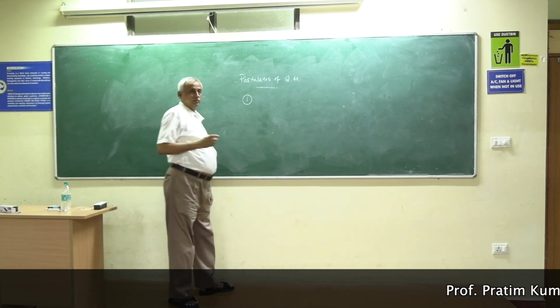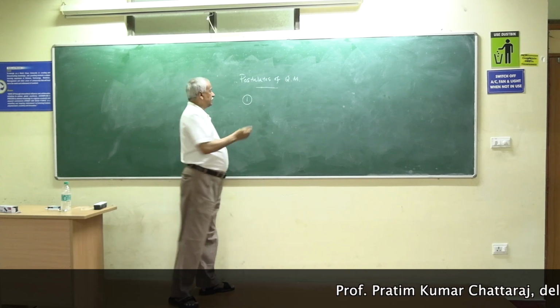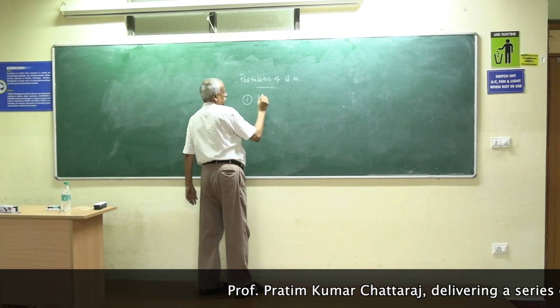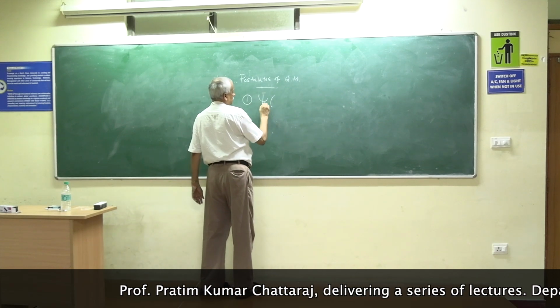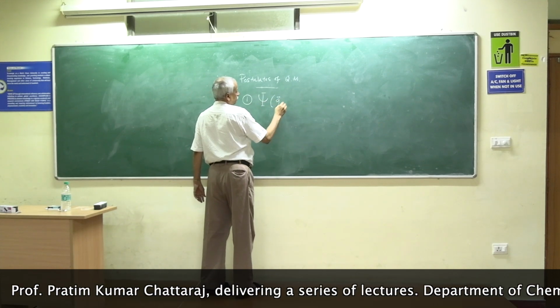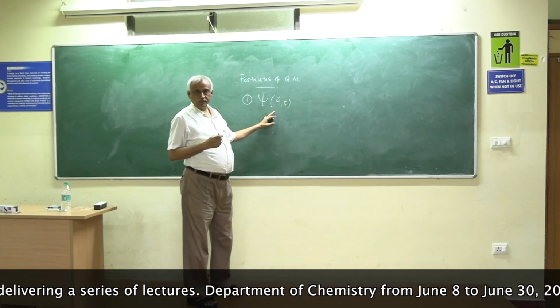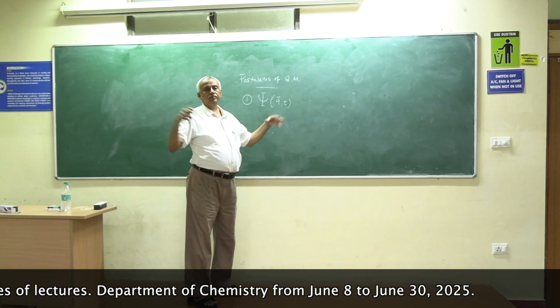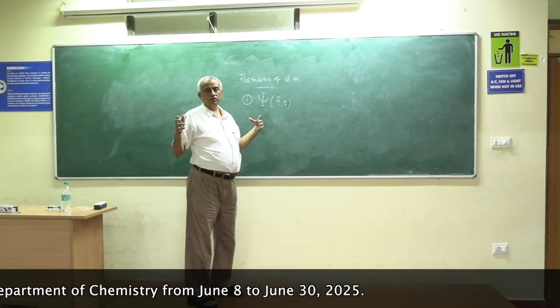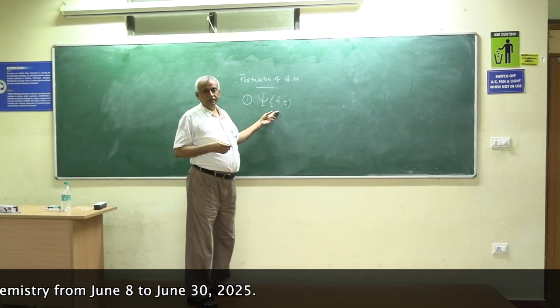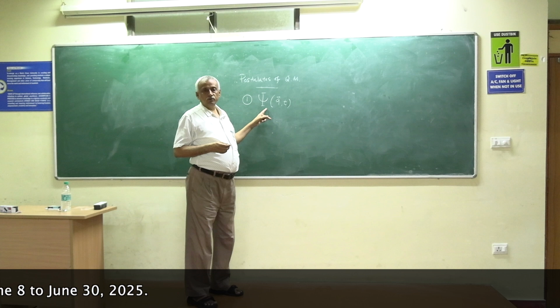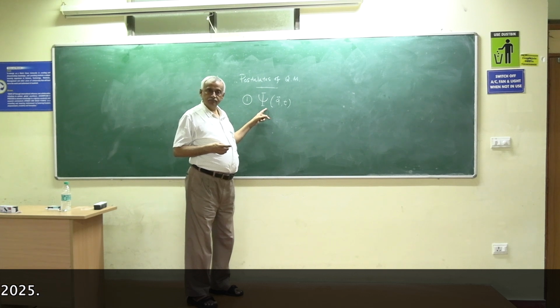So for any system, you'll get something called the wave function psi(q,t), where if I know the position of a particle, let's say I have some electrons q1, q2, etc., and at a given time t, I define this as the wave function of the system. So this is a function.